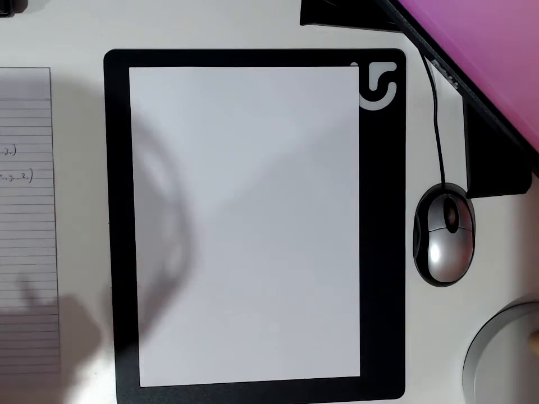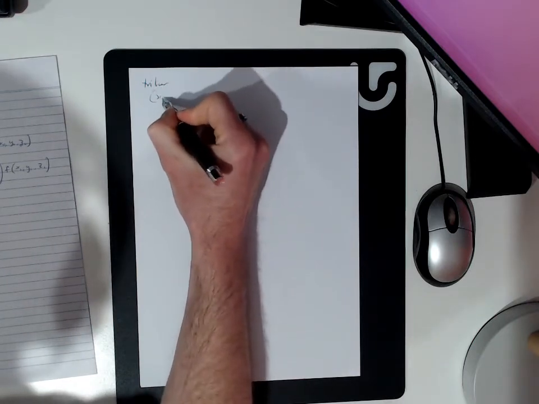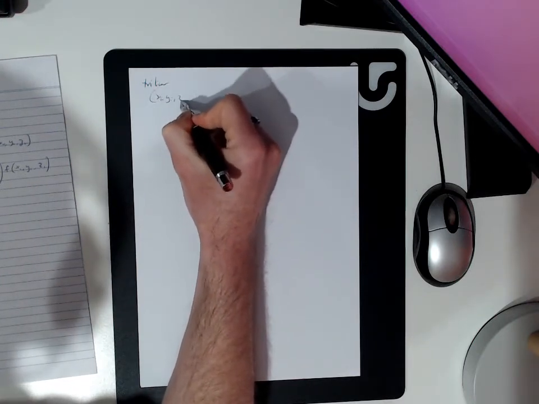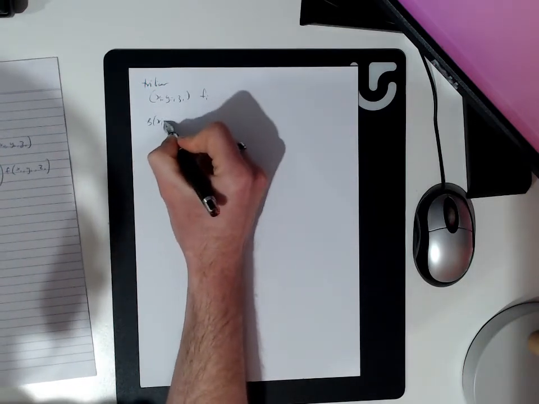And remember that. Okay, trilinear. So my data points look something like this with an fi, and the b(x, y, z).